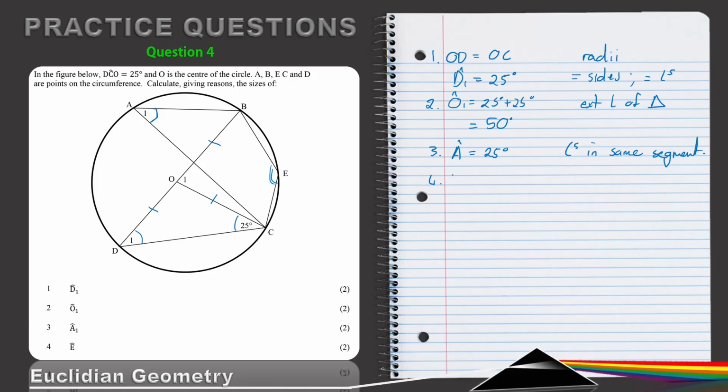So I'm going to say that E plus 25 degrees must add up to 180 degrees, and these are opposite angles of cyclic quad. And then just solve for E. So E is 180 minus 25, so this is going to be 155 degrees.